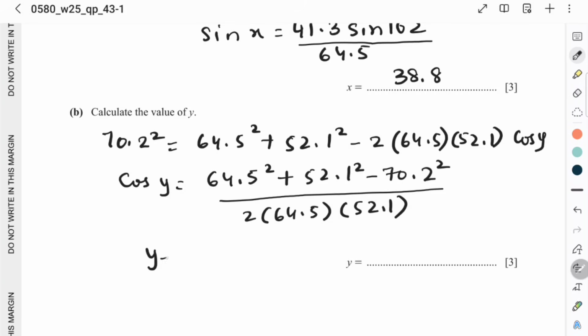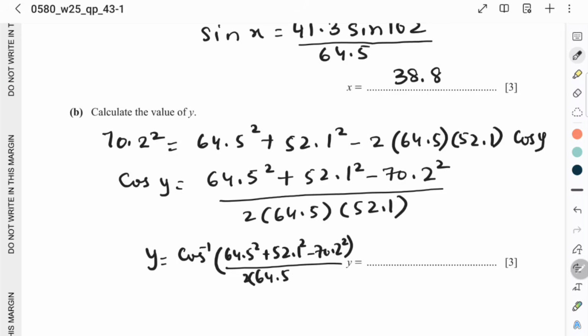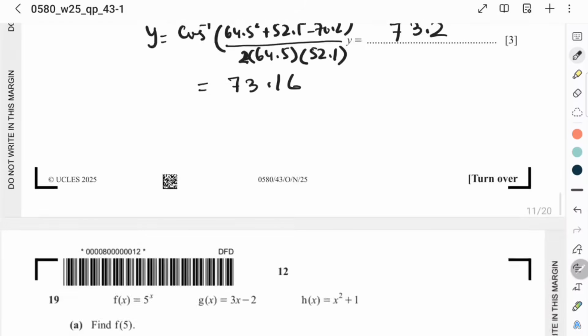So y is equal to the cos inverse of 64.5 square plus 52.1 square minus 70.2 square, divided by 2 times 64.5 and 52.1, that is equal to 73.16, or you write three significant figures, 73.2. Both answers are applicable.